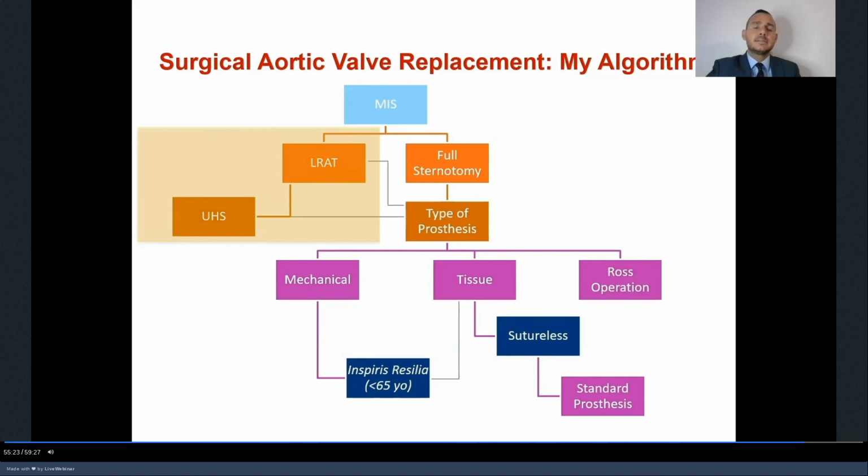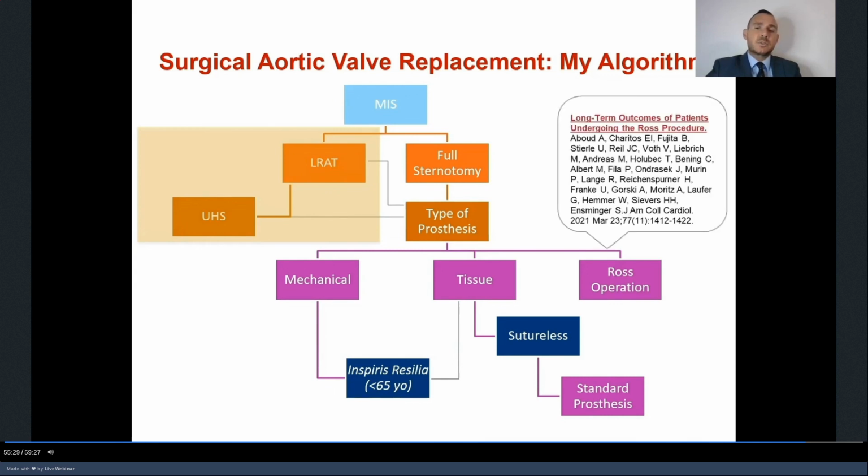Then the decision goes down to the type of prosthesis: mechanical versus tissue valve, or Ross operation if the patient is pretty young and we need to consider a significant advantage in survival.